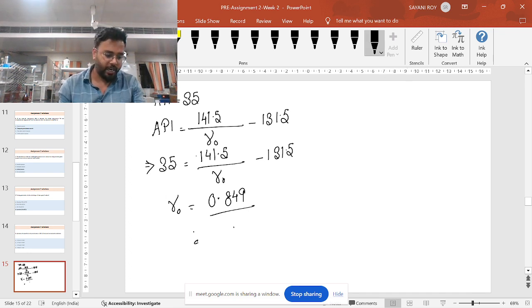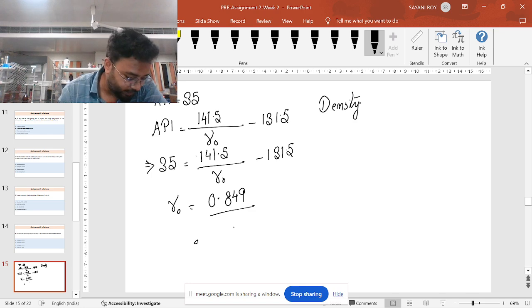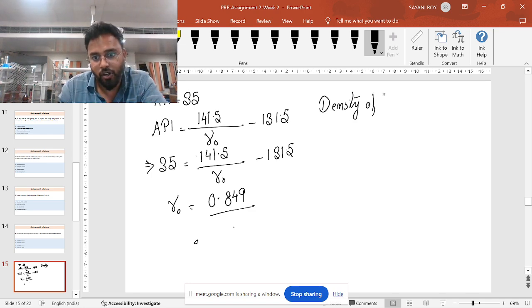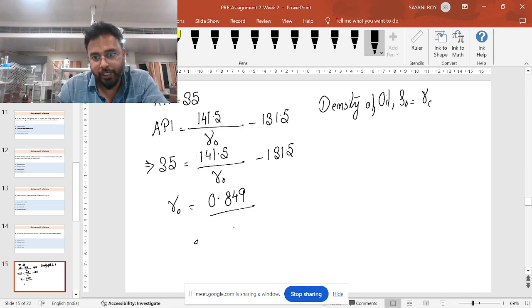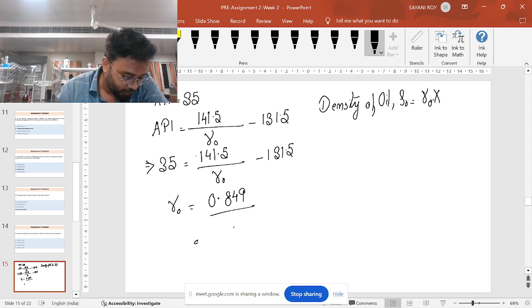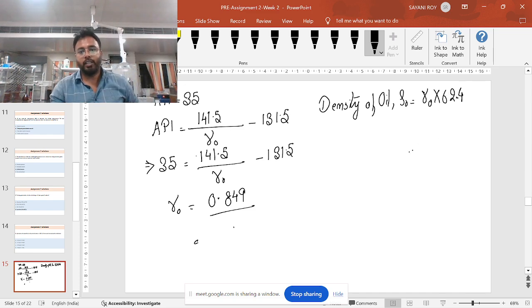Okay, so let me write down the formula. Density of oil equals specific gravity of oil into 62.4. What is 62.4?